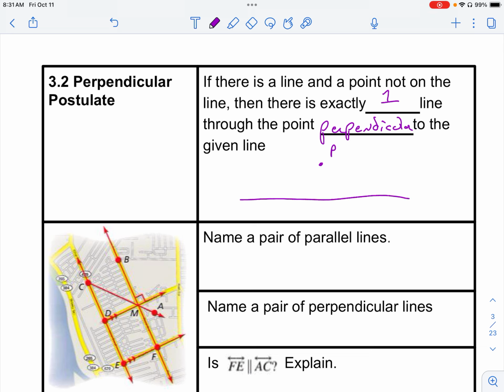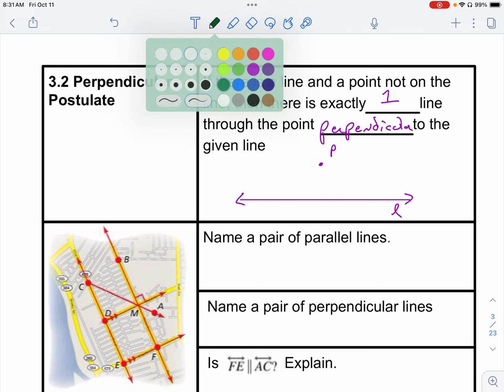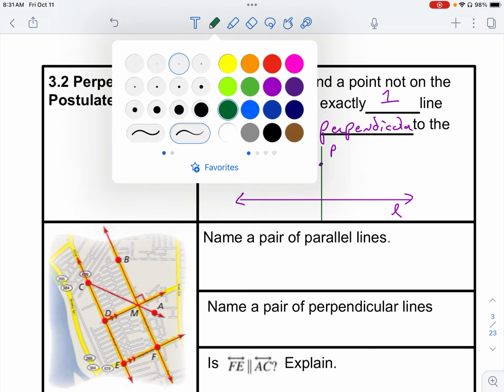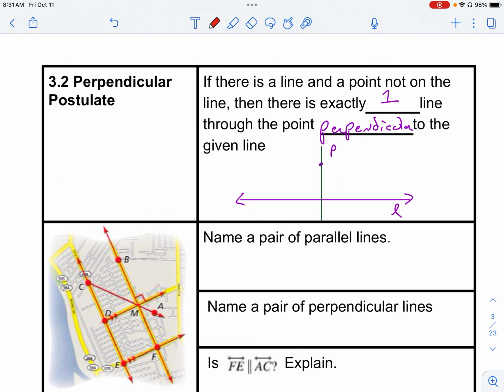Let's get our point and our line L, and let's draw a line through P that is perpendicular. Can only be one. If we have more than one, we did something wrong.